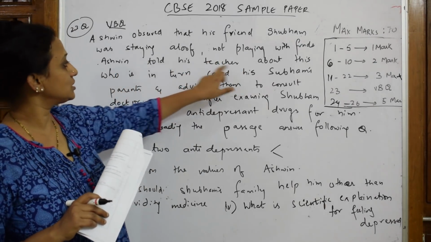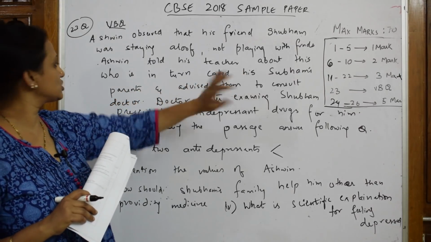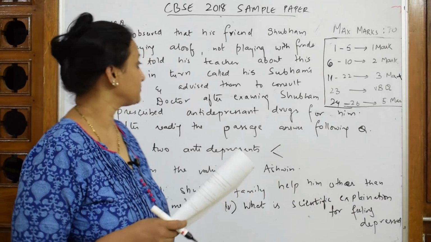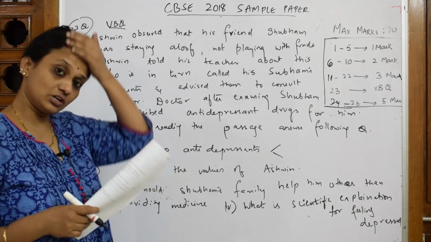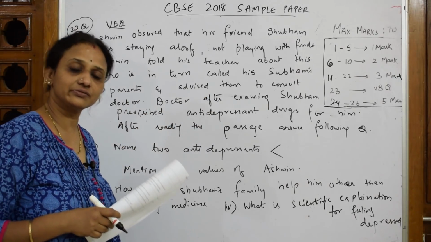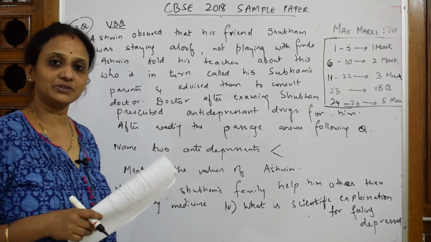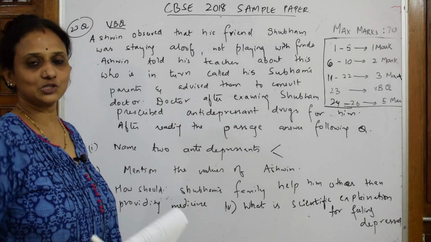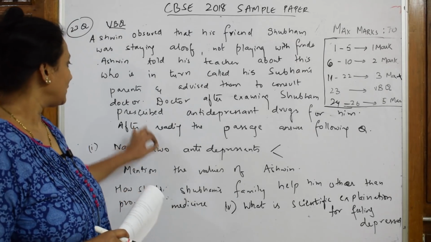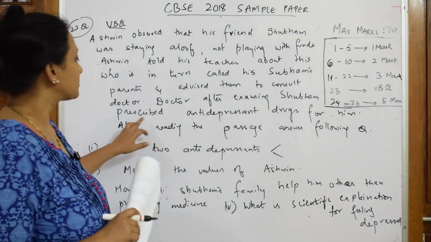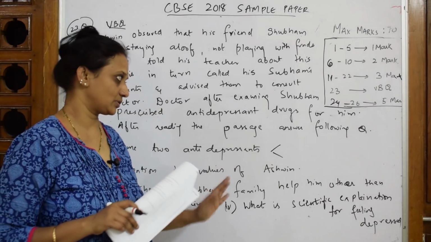Ashwin told his teacher about this, who in turn called Shubham's parents and advised them to consult a doctor. So he has complained to the class teacher, and the teacher spoke to Shubham's parents, then said to take him to a doctor. The doctor, after examining Shubham, prescribed antidepressant drugs for him.